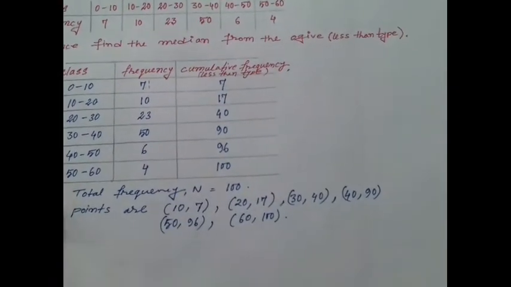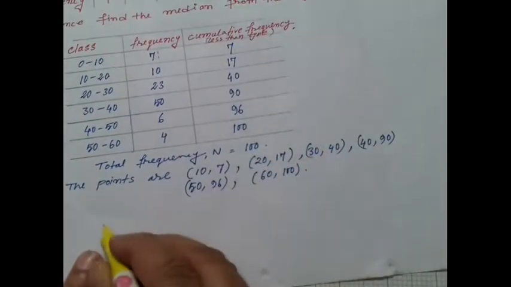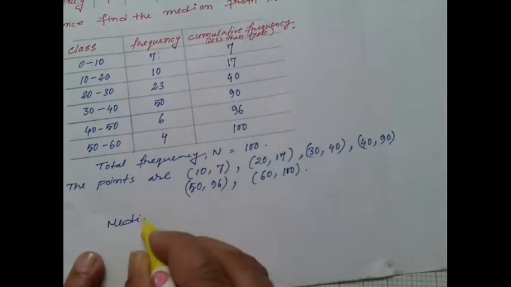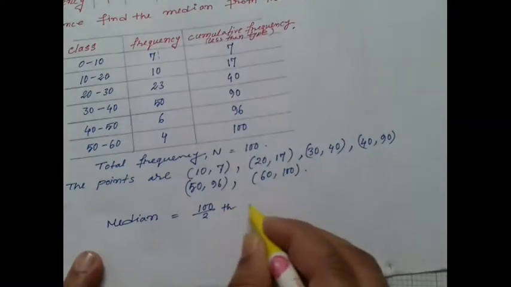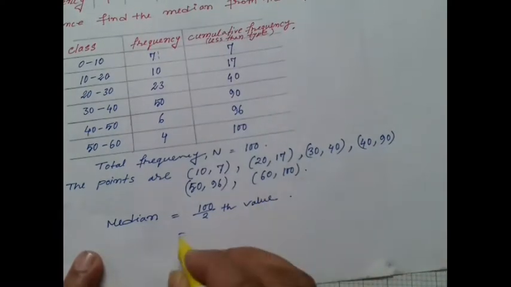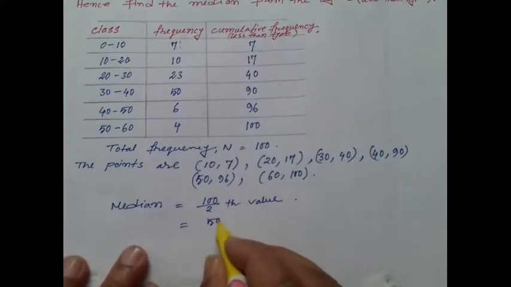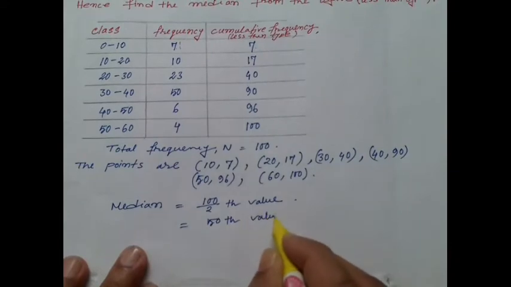Okay, so we have to write median equals 100 by 2th value, equals 50th value.